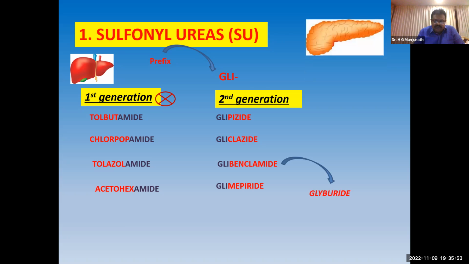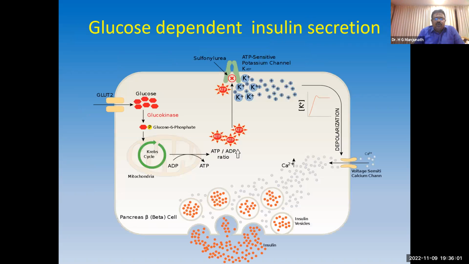They increase the release of insulin from the pancreas, and when the insulin is released, it can control blood glucose levels. You should know what is meant by glucose-dependent insulin secretion to know the mechanism of action of these sulfonylureas. These sulfonylureas are potassium channel blockers, so they act on the potassium channels to increase insulin secretion.